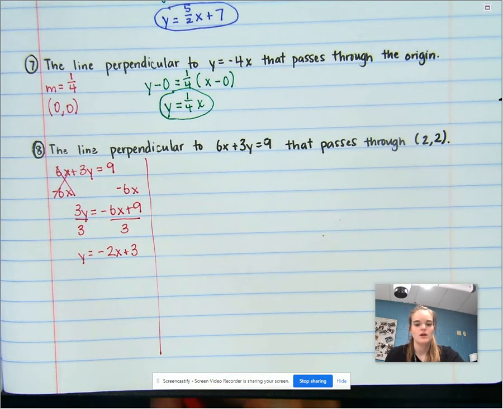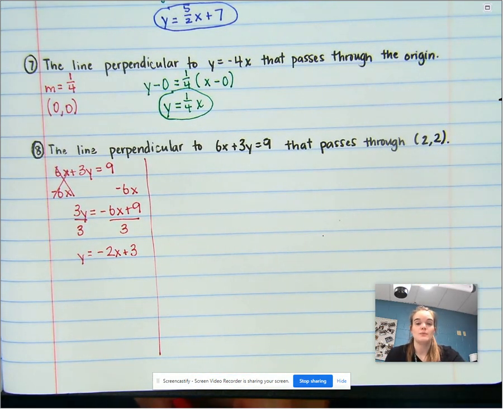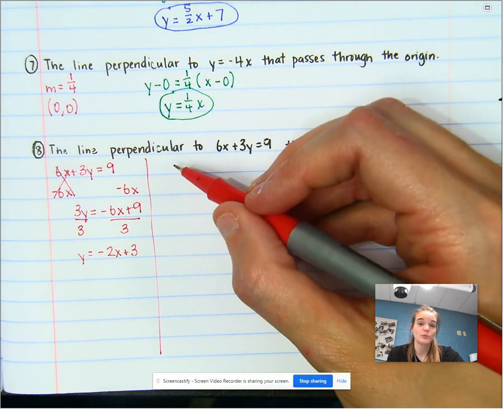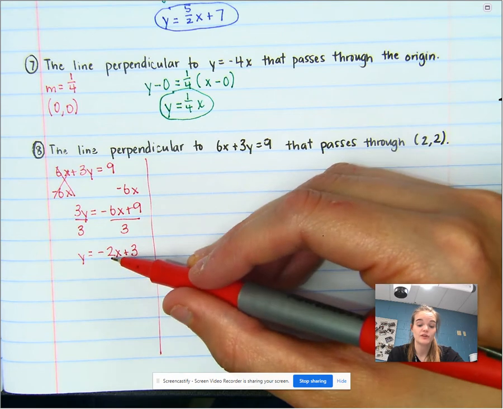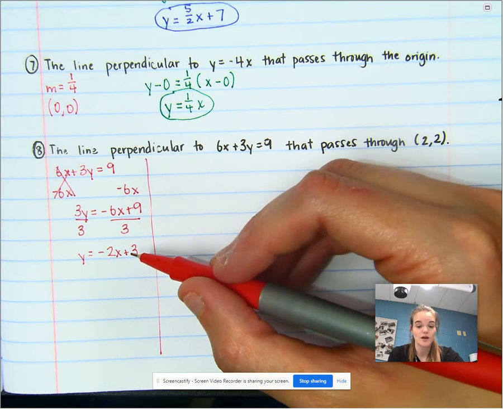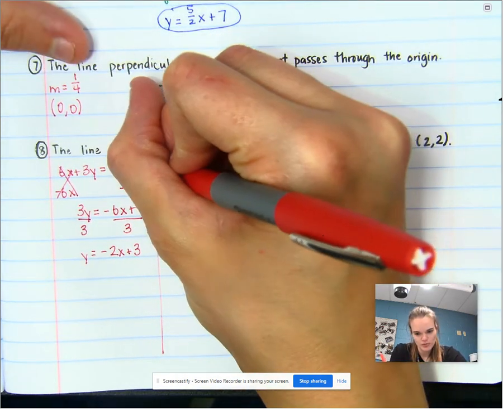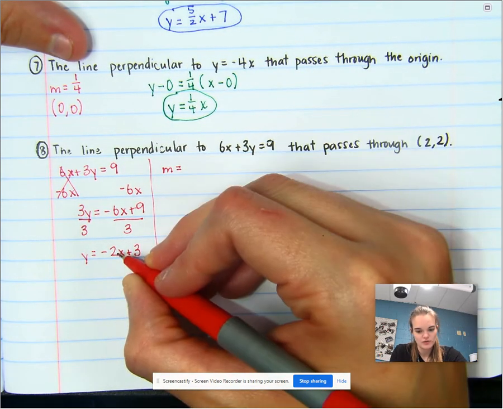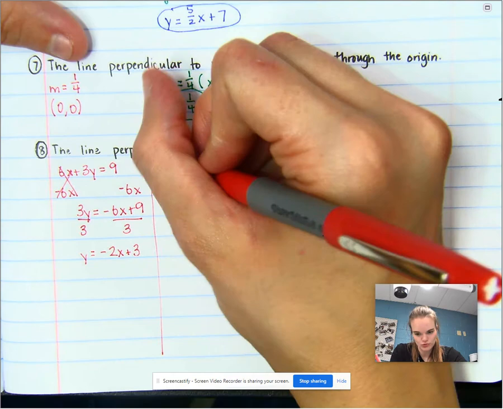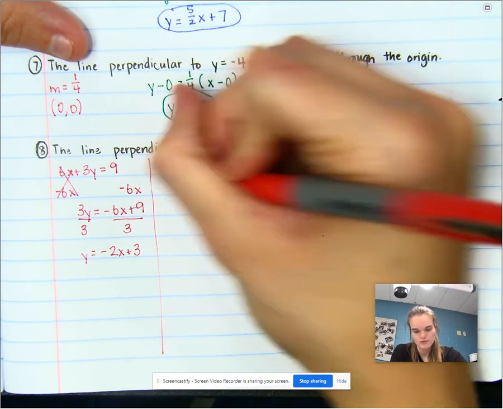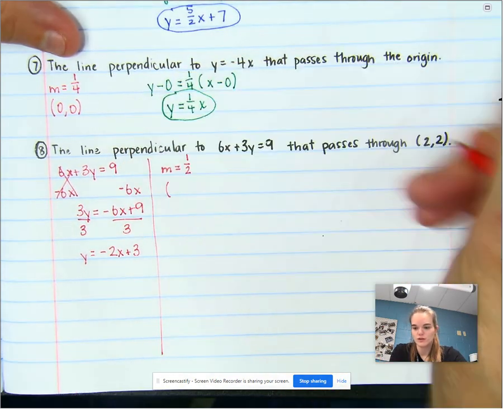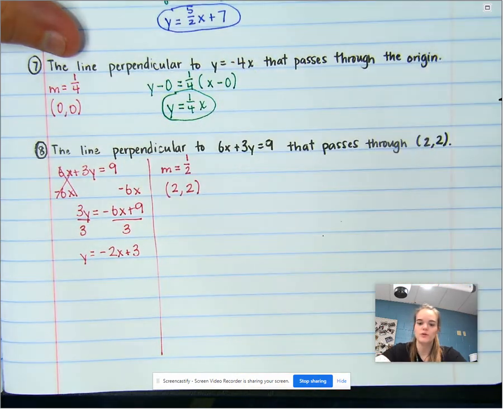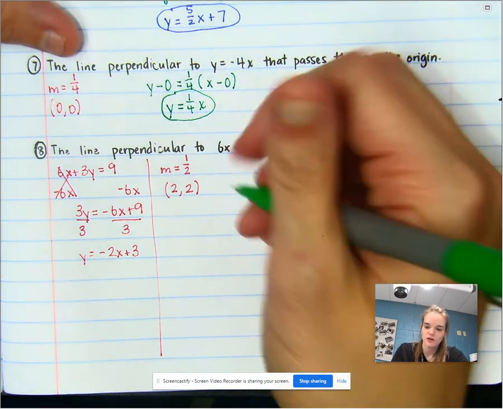Now, I drew a line here. Here's why. Before we were able to just pick this out, but remember, it's perpendicular. We cannot just pick out this slope and say the slope is negative 2. No, it's not. It's the opposite reciprocal. The slope, this is negative. The opposite is positive. The reciprocal of 2 is 1/2. And the point is 2, 2. Now we're going to do exactly what we've been doing.